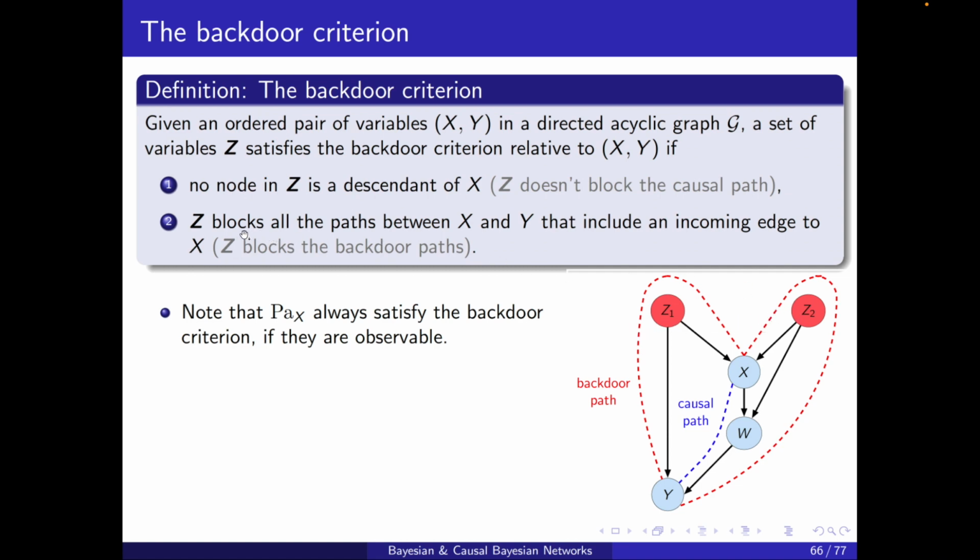Second, Z is blocking all the paths between X and Y that include an incoming edge to X. So the other possibility for X to somehow impact Y is via its incoming edges, which are called the backdoor paths. So here Z should block all those backdoor paths, and then what remains is only the causal path.